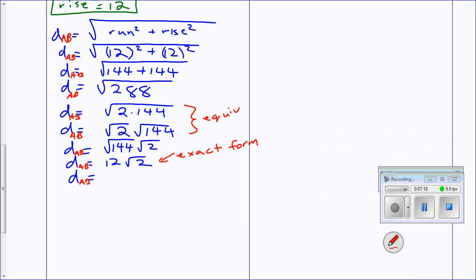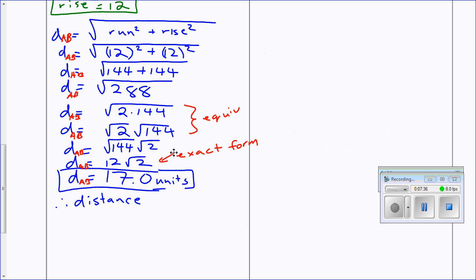Now, what you could do immediately is just punch that in your calculator to one decimal place, and you'll find that you end up with the following answer. d is equal to 17.0 units.